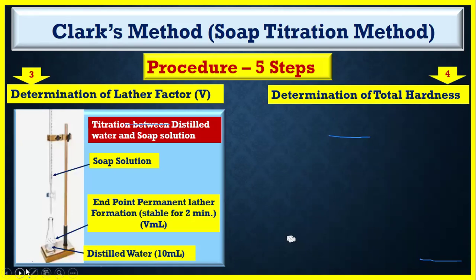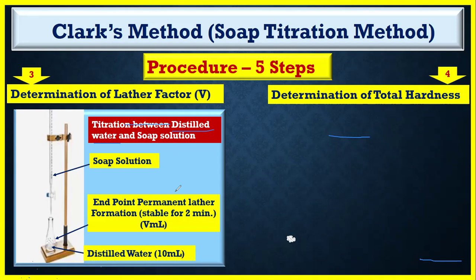What is the lather factor? Lather factor is determined by the titration of soap solution with distilled water. We know that distilled water does not contain any calcium or magnesium or hardness. So when we titrate distilled water with the soap solution, there will be foam lather formation.